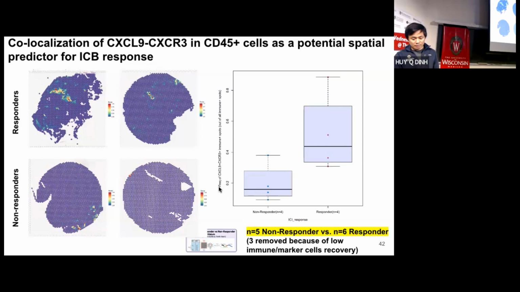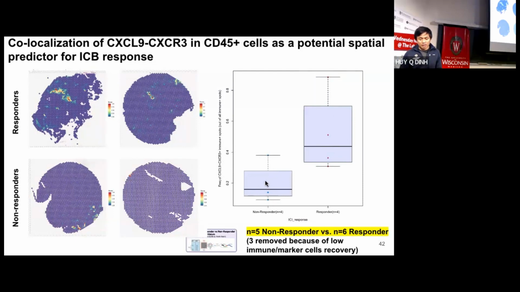We asked what is the difference in the frequency of the immune-positive spots, defined by the amount of immune cells that express both CXCL9 and CXCR3 out of all the immune cells. And what we see is in the 4 responders, they are around 30%, but one of the samples has surprisingly more than 80%, and most of the non-responders are low.